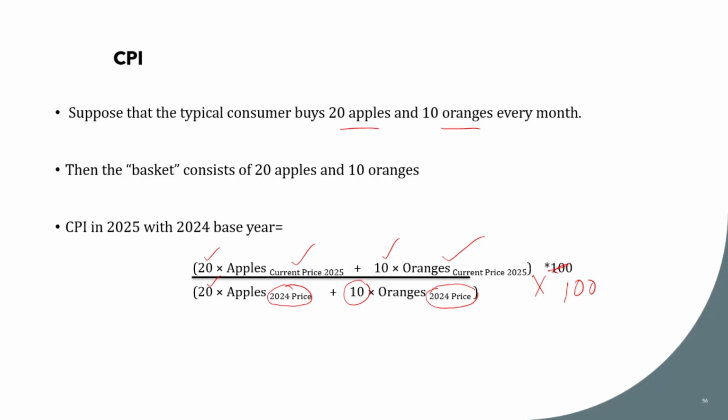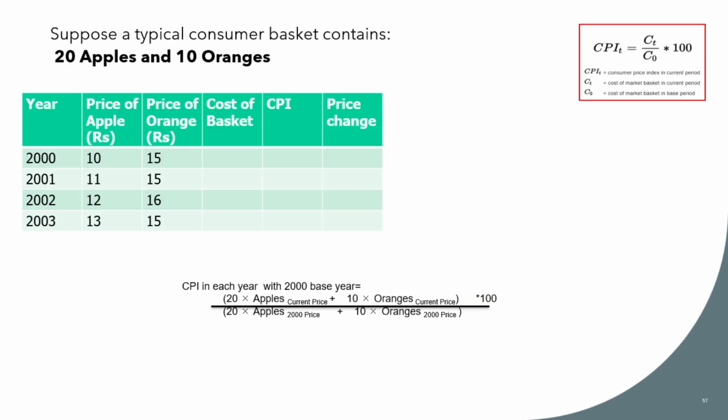So let us present this in a table to get a better grip of the concept. In our example, the typical consumer basket contains 20 apples and 10 oranges. Let us take the years starting from 2000, 2001, 2002, 2003. An important thing to remember here is that the consumer basket remains the same throughout the years.